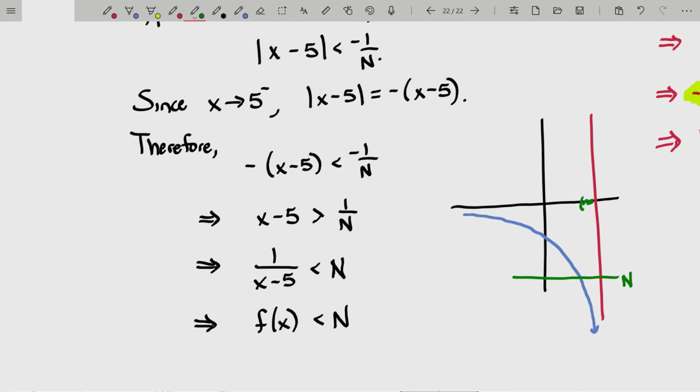I'm doing it on one side because that's all my argument stands on, a one-sided limit. But all those x values within that delta neighborhood will have function values below that height of n. And so therefore I have proven to you that this will go to negative infinity, because no matter what n you give me, I can land the function below it.